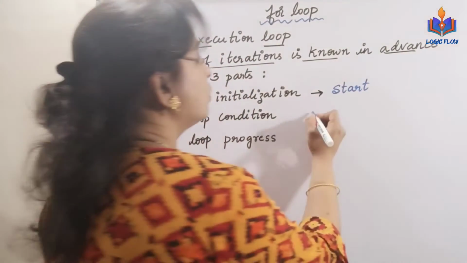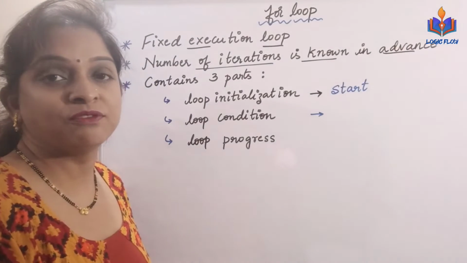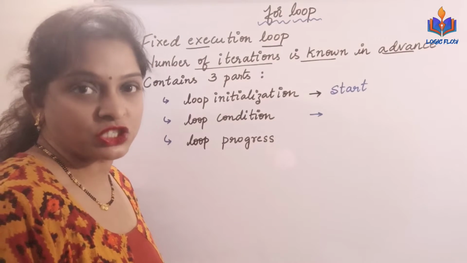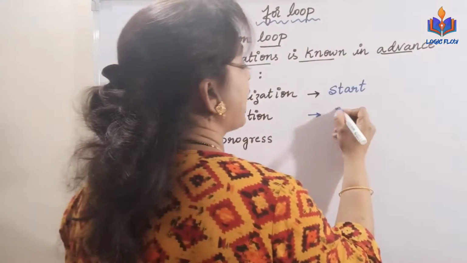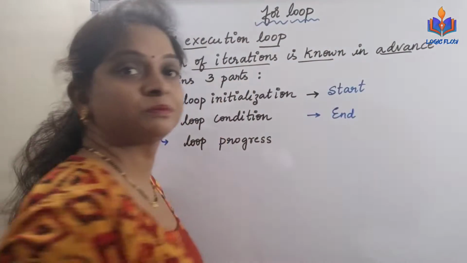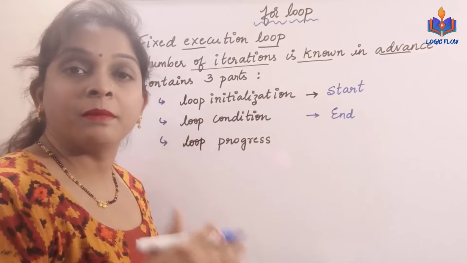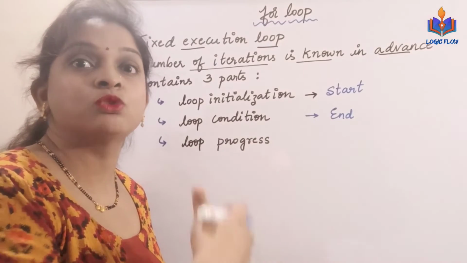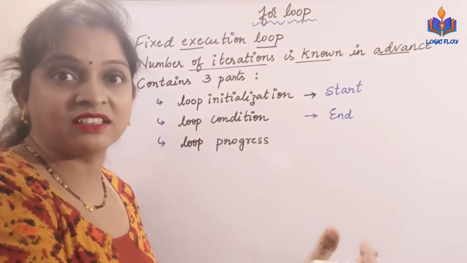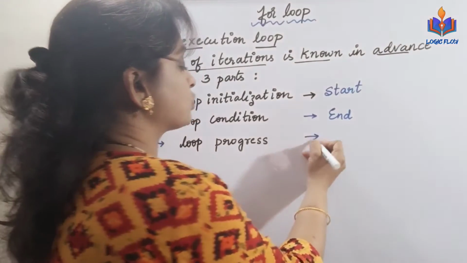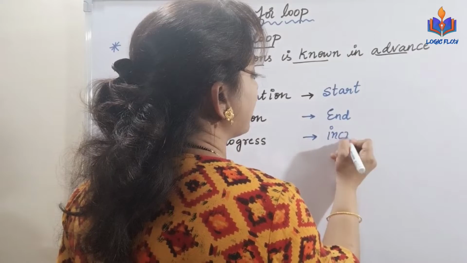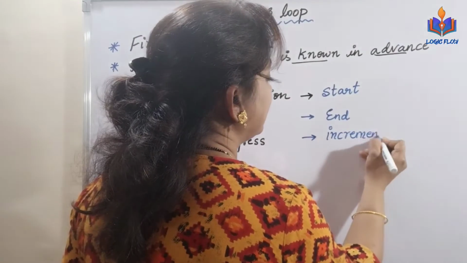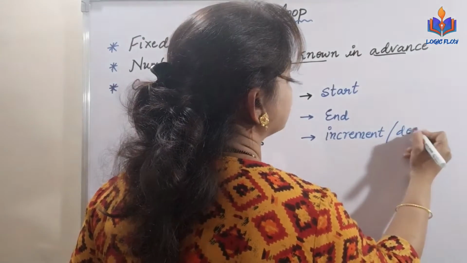Then loop condition usually will be some relational expression that indicates the end of the loop. In order to make an iteration from one value to another value, from one step to another step, we have to make use of loop progress, which makes use of some increment or decrement operator.